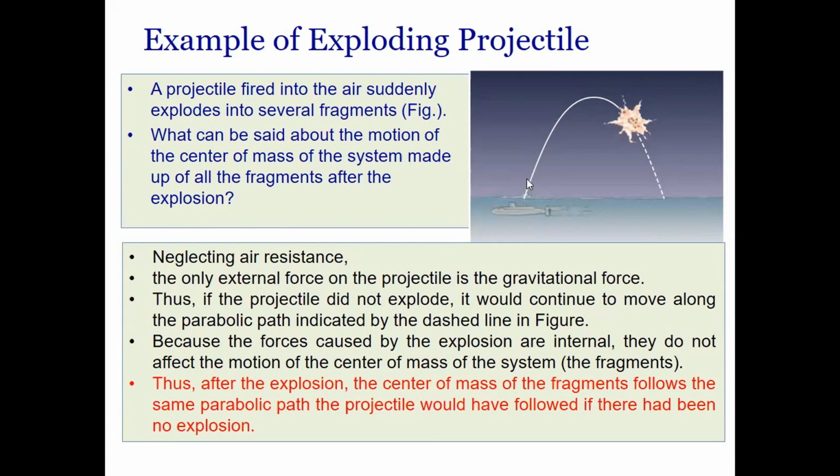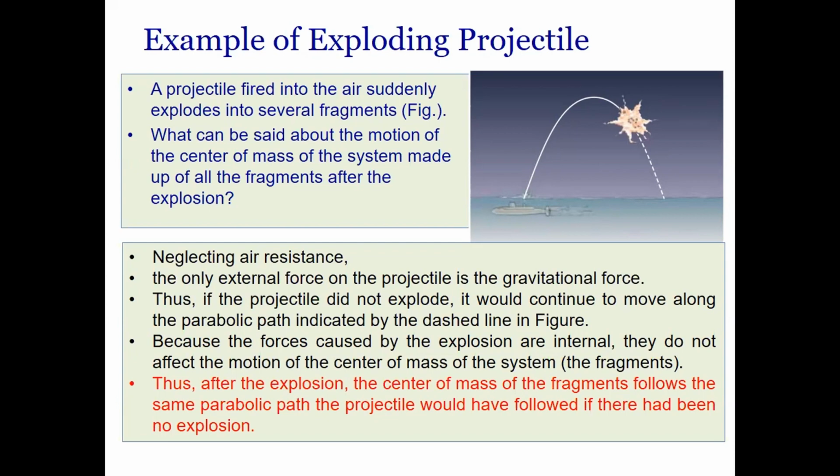If there is no external force acting on the projectile, then the internal force causing this explosion will keep the center of mass moving in a direction similar to the original initial direction. So the fragments may be getting scattered everywhere.